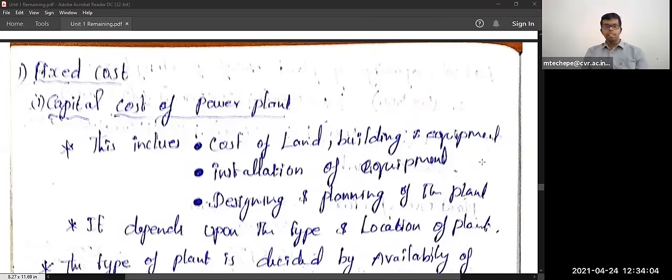Previously, all our generators were foreign make, like ABB generators. Most probably ABB generators will be there, and those are 70 years old, 80 years old.